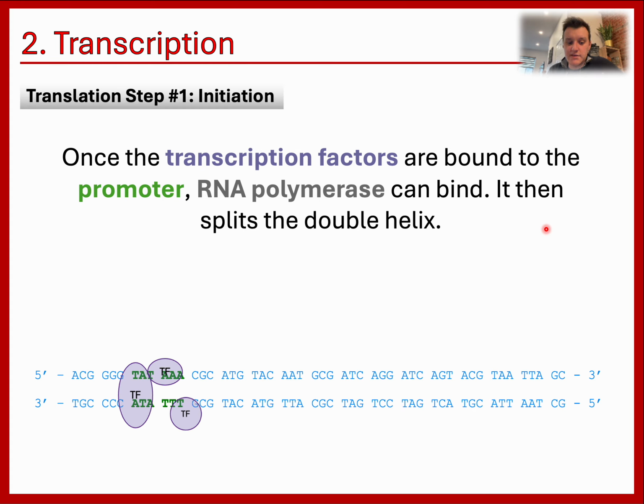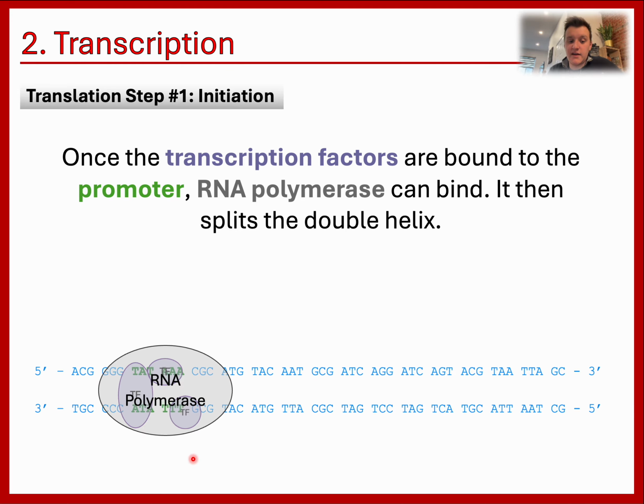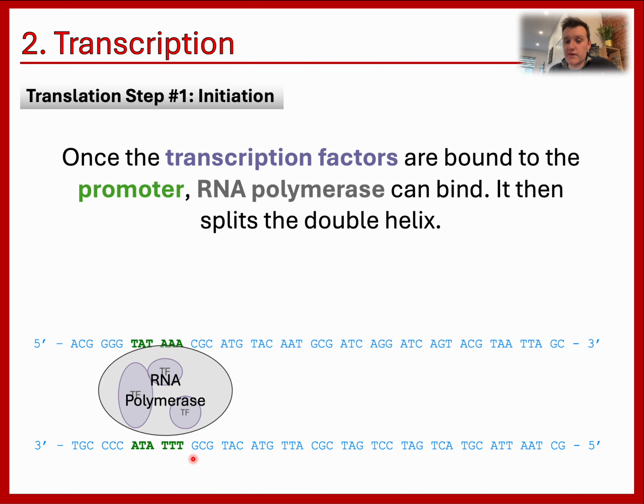They will bind to this region called the promoter, made up of a bunch of TATAs, right? It will recruit, finally, the RNA polymerase, which will then split open the double helix.